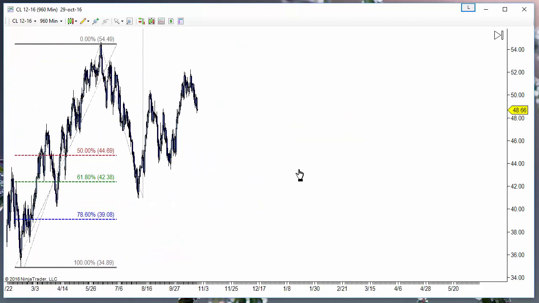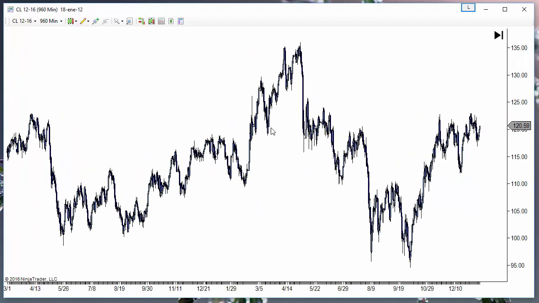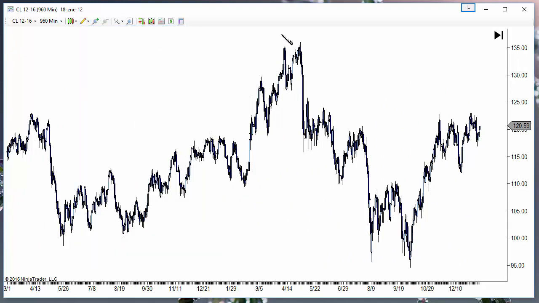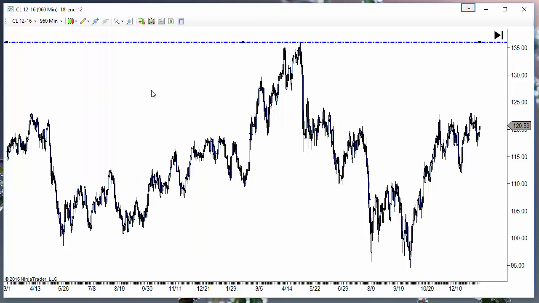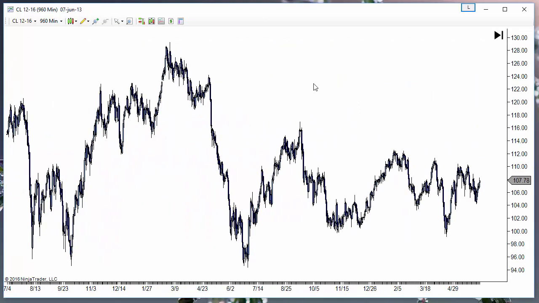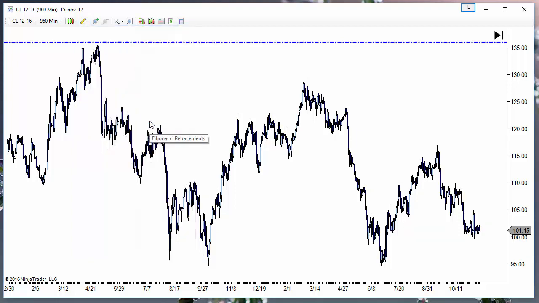From the start of the move, we could also take into account the historical high on the 130 area. So we can calculate a retracement from the highs.